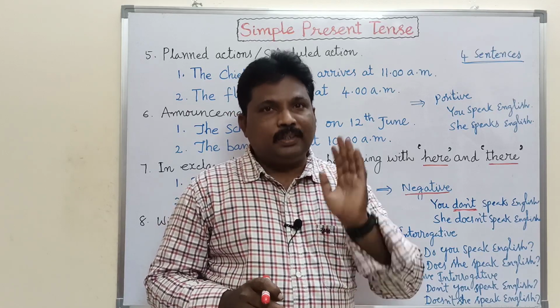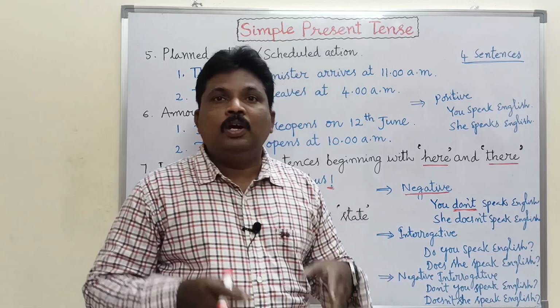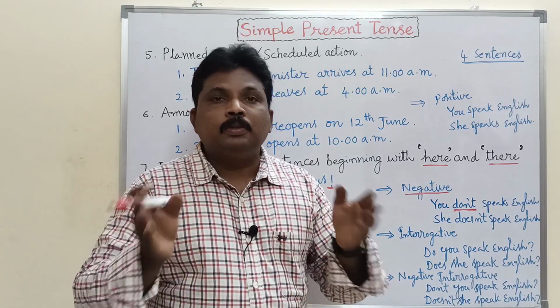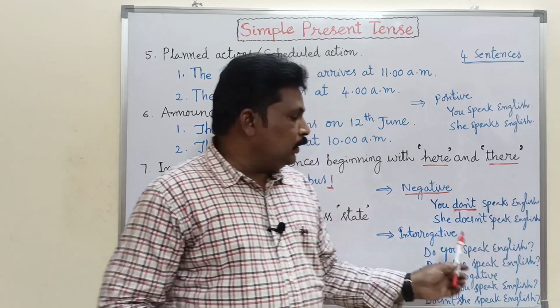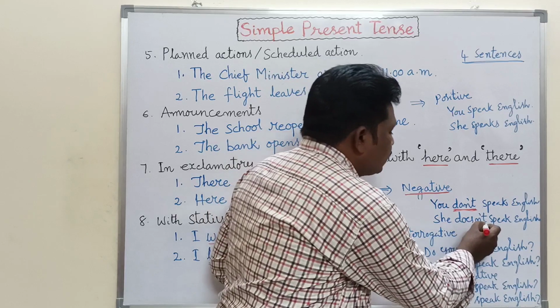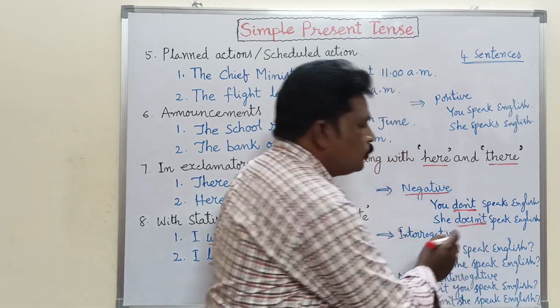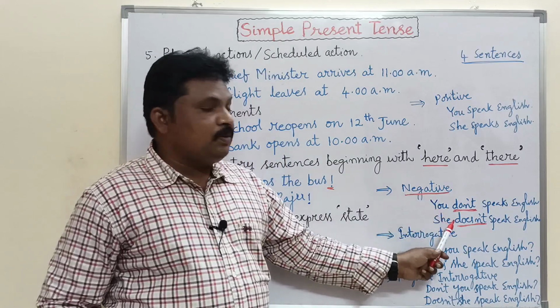Do, does, did. Do, does are introduced in simple present tense. Did is introduced in simple past tense. So, you don't speak English. She doesn't speak English, because the subject is third person singular, we have to use does. She doesn't speak English. These are the negative sentences.